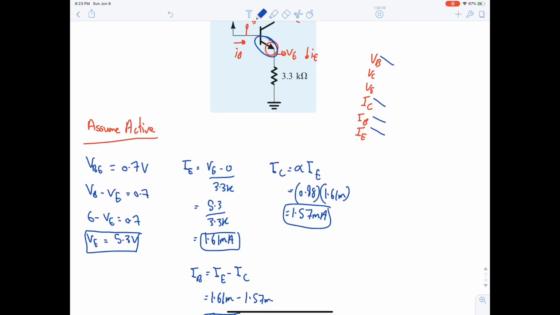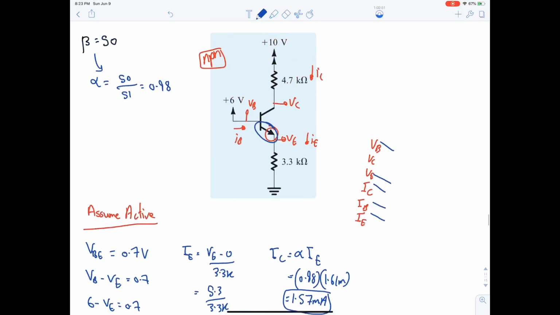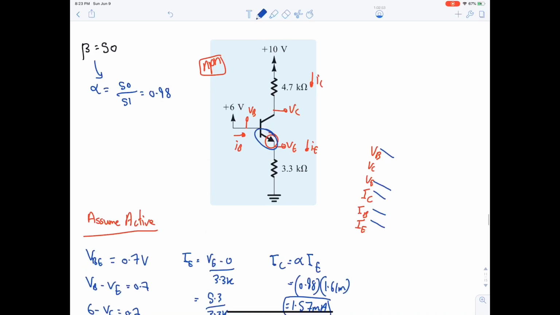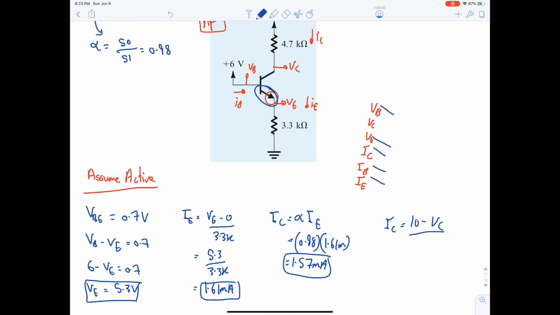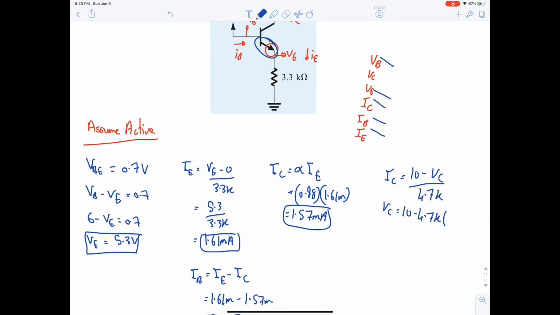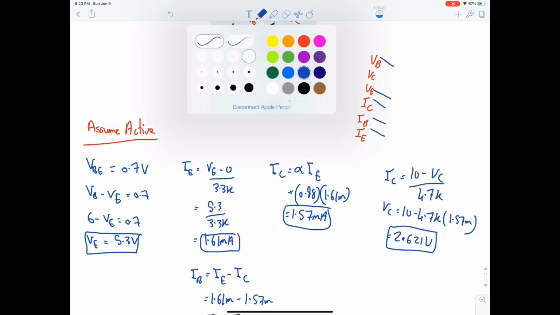VE is found also. What we are left with is VC, which we can find through Ohm's law. So IC is equal to 10 minus VC over 4.7K. So VC is equal to 10 minus 4.7K multiplied by IC. And IC is 1.57 milli. VC hence is equal to 2.621 volt. Okay. Last step is to check.